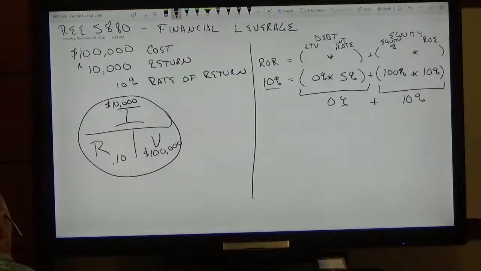Does that make sense? So therefore, I could buy 10 houses with that $100,000 seed money, but then ultimately control $1 million worth of assets. Is everybody clear with that? Yes or no? Okay.